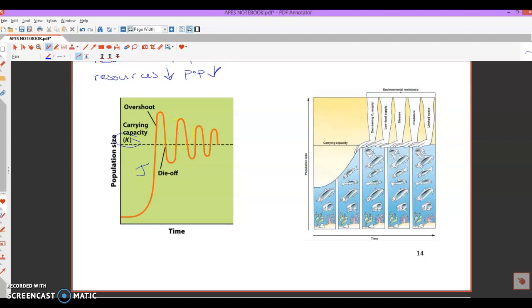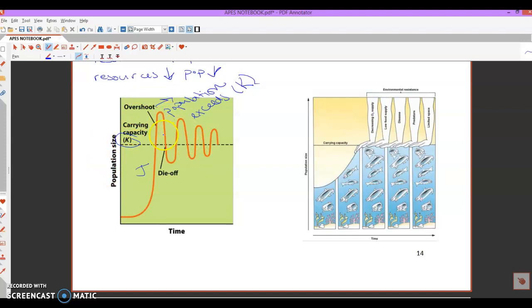When it goes above the carrying capacity, we refer to it as an overshoot. An overshoot means a population has exceeded K. What's K again? Carrying capacity. So our population exceeds K.